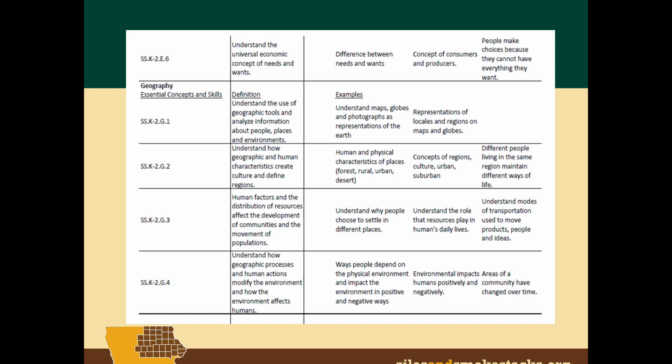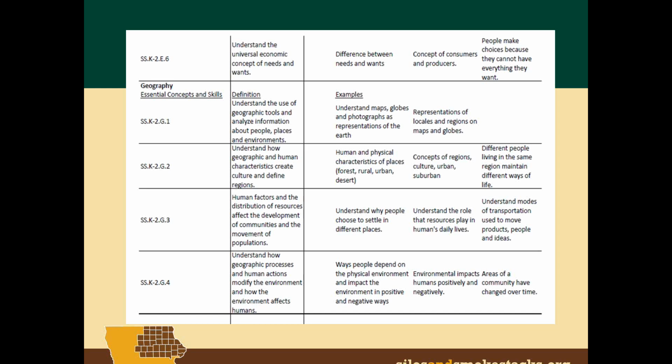So SS K through 2 geography concept and skill 1 is: understand the use of geographic tools and analyze information about people, places, and environments. If you read across, here are examples of what fits into that concept and skill. So if at your site you are having your kids on the field trip use maps or globes, or look at a timeline, you can write into your program that the students that come for a field trip will get SS K through 2 G.1.